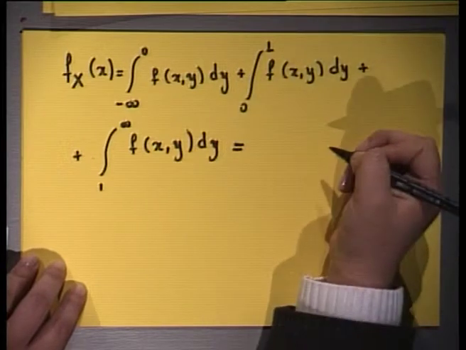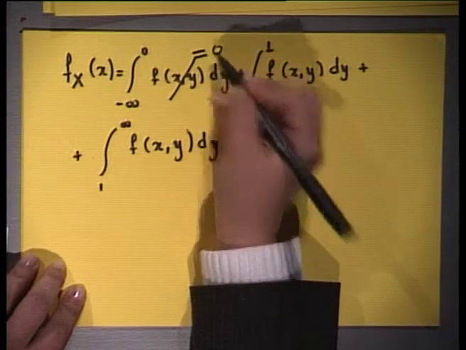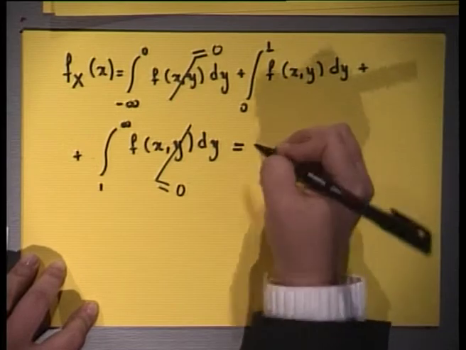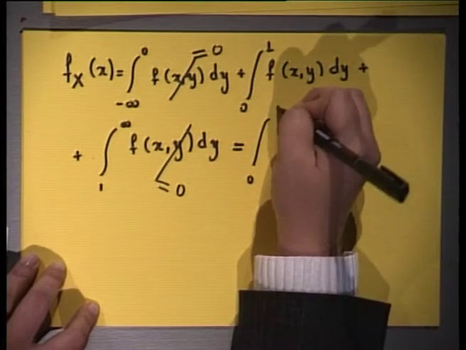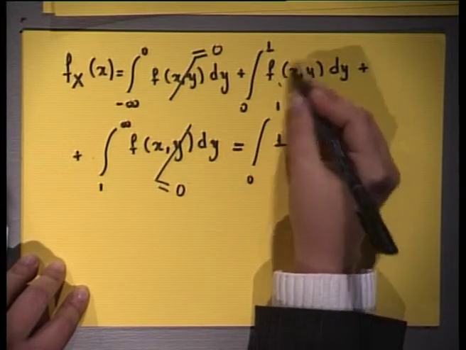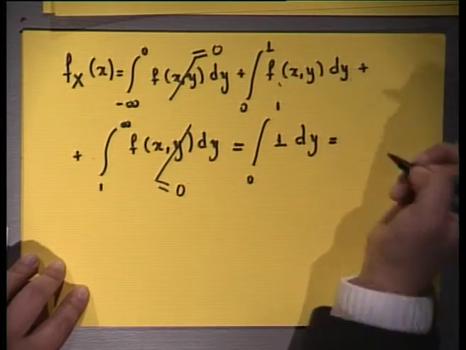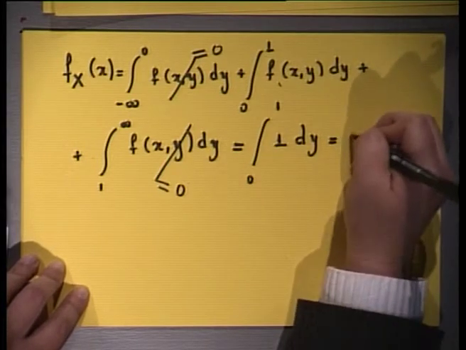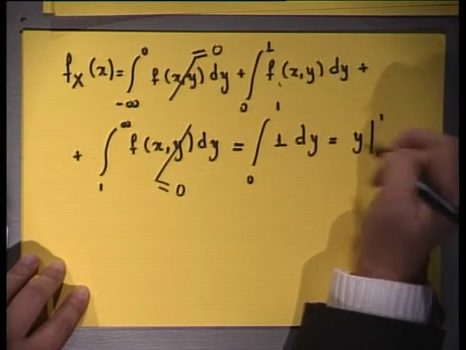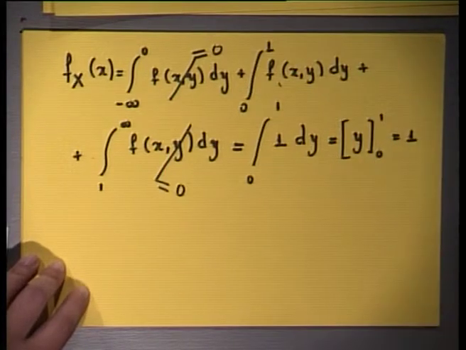And this is equal to, this we said is 0, this is 0, and this we can evaluate. 1, this is 1 in here, and so we have that. This between 1 and 2 is 1.